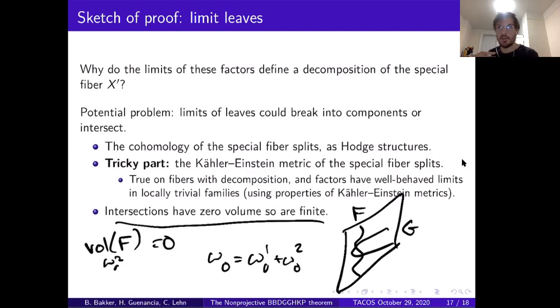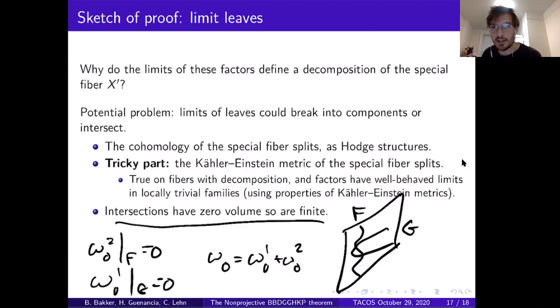And likewise, even better, the restriction of omega 2 to F is 0. And likewise, the restriction of the first form to G is 0. So if I have a positive dimensional intersection, the restriction of both of these forms is 0. So the restriction of the Kähler form is 0, which is a contradiction. Okay, so the intersections can only be zero dimensional.